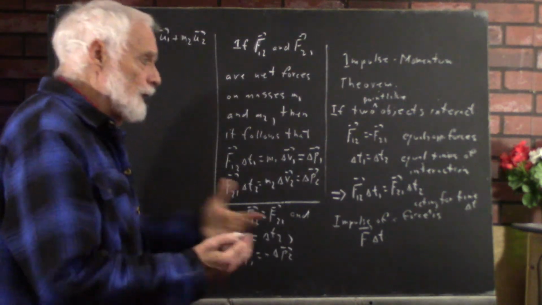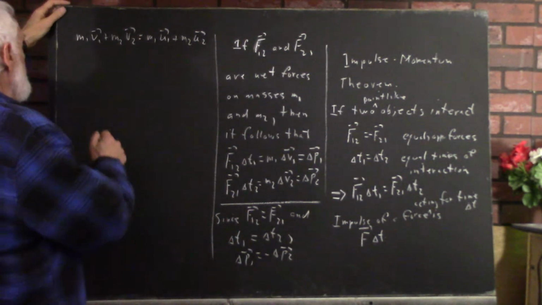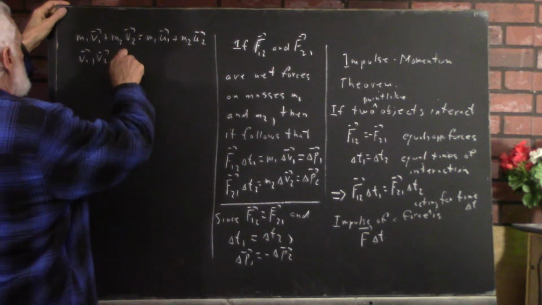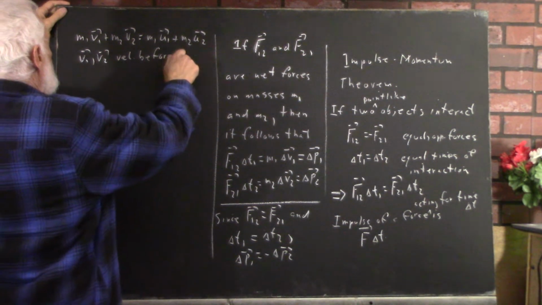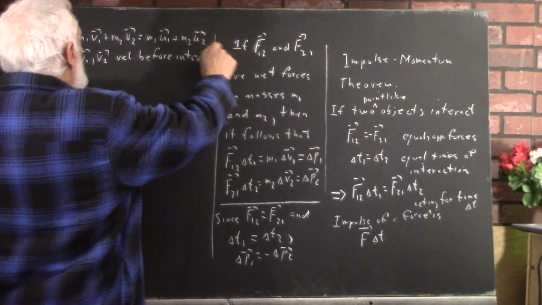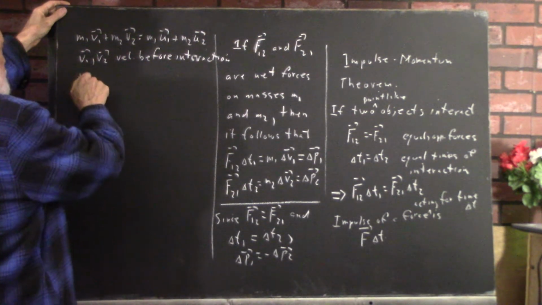It varies. It shouldn't matter. Okay? What this means is that V1 and V2 are the velocities before interaction.